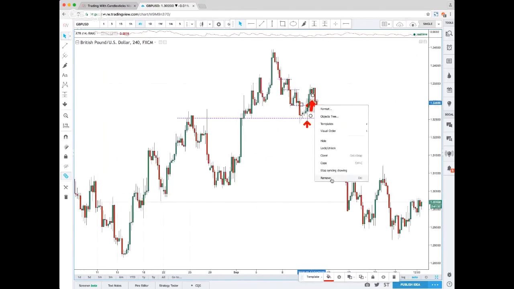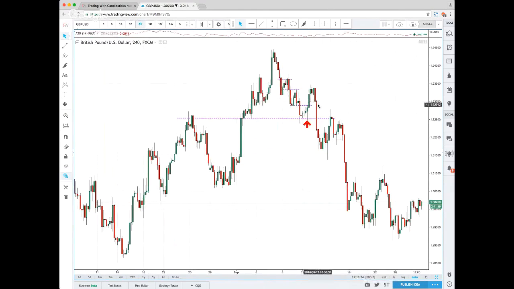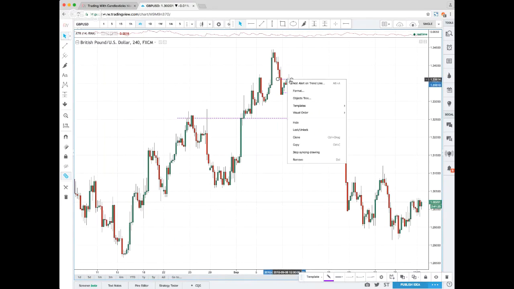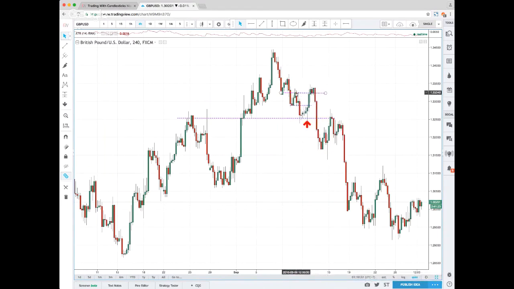Let's remove this and take a look at their SNRs. Okay, so we've got an SNR right here. If I extend this out, you're in the support equals resistance zone. We've got an SNR, not that one. Okay, we've got one right there. Now, would you say this is excess, the one where it comes down and pops right up? Or is that where the price keeps holding?